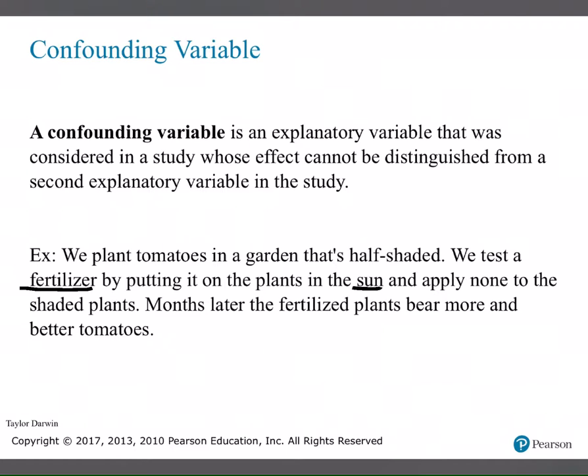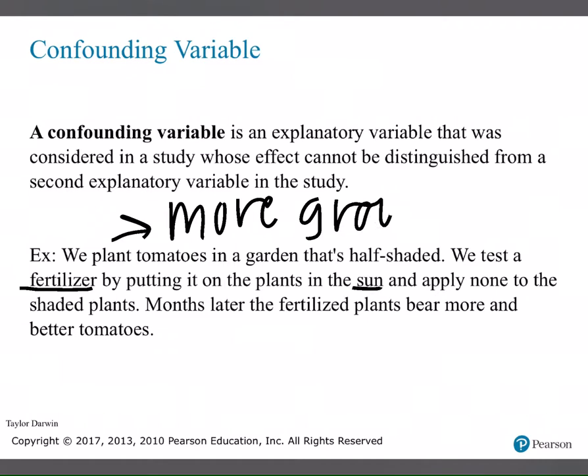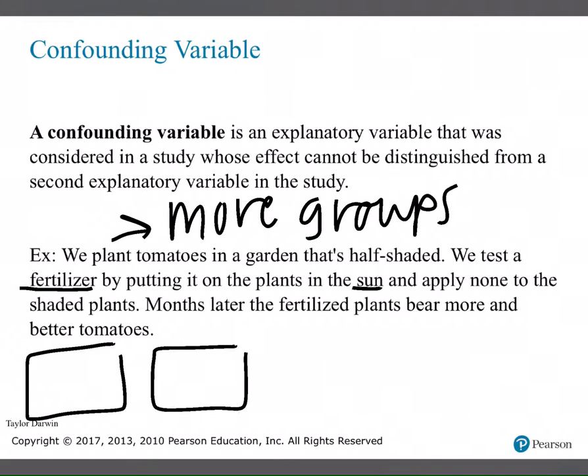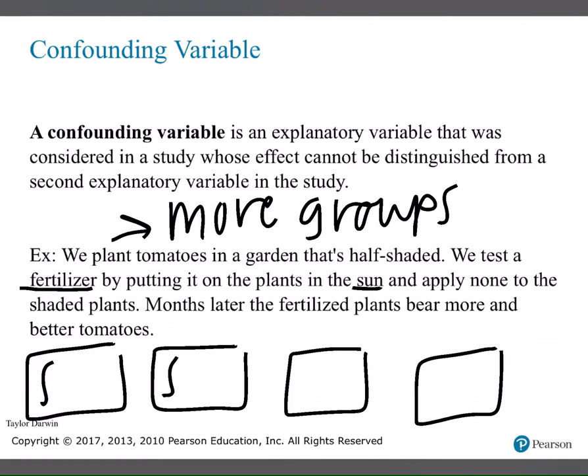And so a good way of fixing problems that could arise like this is doing more examples, more trials, more groups in this case. So let's say I have 4 groups, and I'm going to try to do this the best I can. Let's do 2 groups in the sun, and 2 groups that are half shaded. I'm just going to do HS for half shaded.